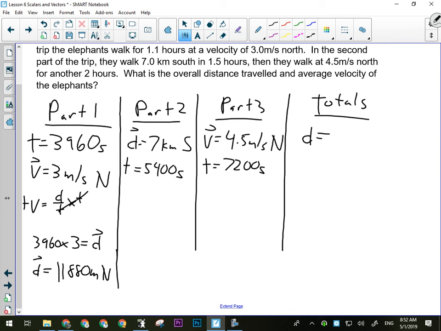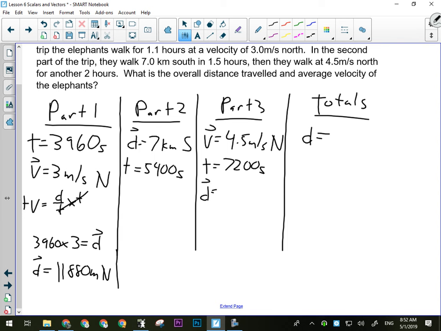Why did I bother putting a direction on that if I'm looking for distance? Well, not only is it in the equation, but I'm also going to need that direction when I calculate the velocity, because I'll have to calculate the total displacement in order to get velocity. So I'm just going to leave it that way. In terms of distance, I just say it's 11,880 meters, and I don't put the N on it. I have to do the same calculation here in part 3.